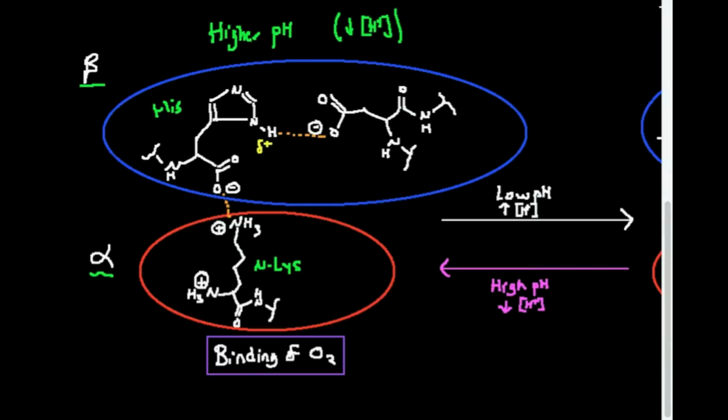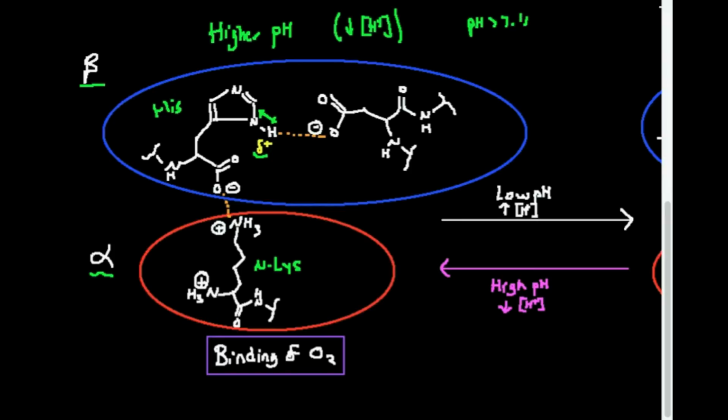And one thing that's really important is histidine has a hydrogen bound to a nitrogen here. Because hydrogen is less electronegative than this nitrogen, there's a dipole, and that causes this hydrogen atom to develop a partial positive charge.